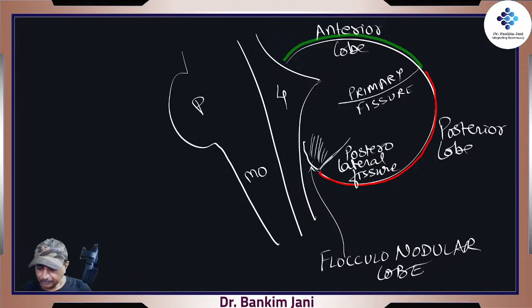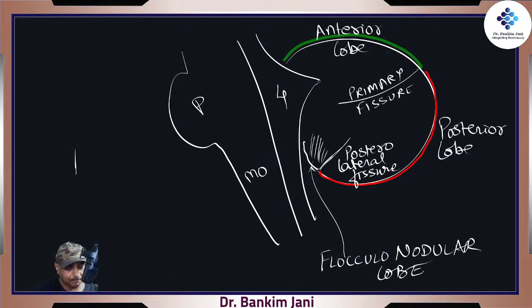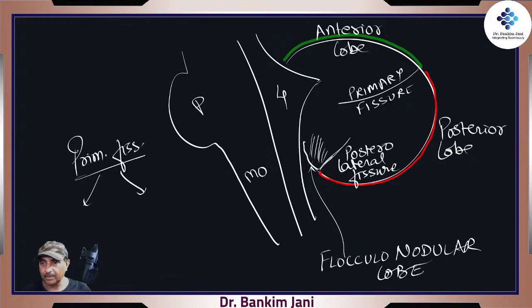Now, to make things easy, this primary fissure is dividing it into two parts, anterior lobe and posterior lobe. But this posterolateral fissure is dividing it into the flocculonodular lobe and the posterior lobe.